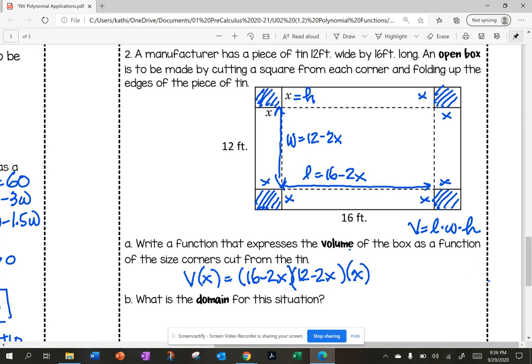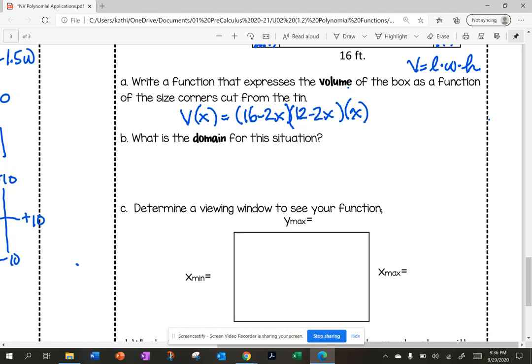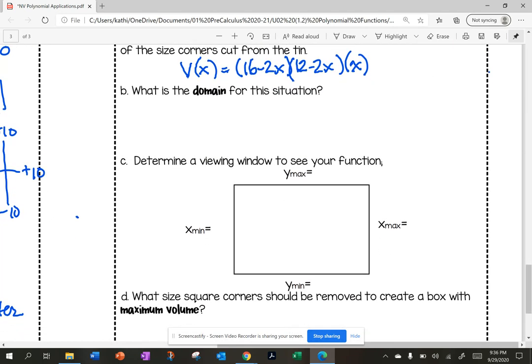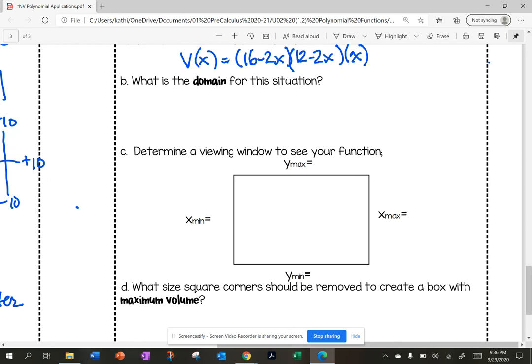Okay, so we have a couple questions. It's asking me what's the domain for this situation. Again, from a mathematical standpoint, I don't have a fraction or a radical with an even index, so I do not have any mathematical restrictions.